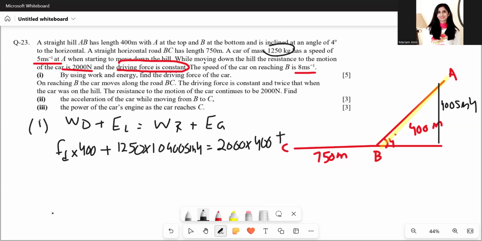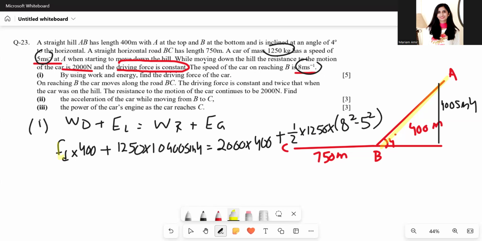The gain will be in kinetic energy, and the speed was initially 5 at the top, now it's 8, so it's a gain in kinetic energy again. So half times 1250 times bigger speed squared minus smaller speed squared. Now you solve all of this and make FD the subject.